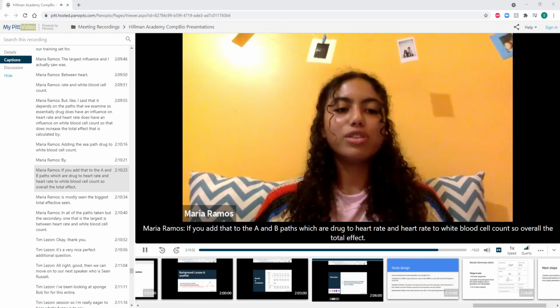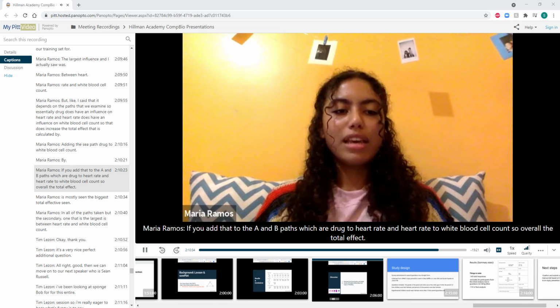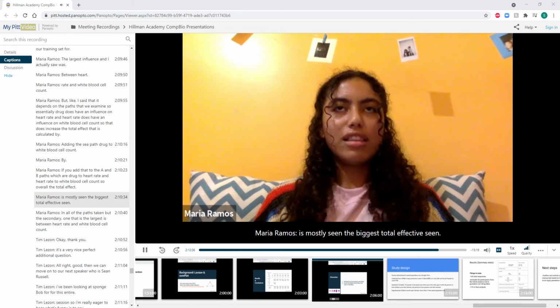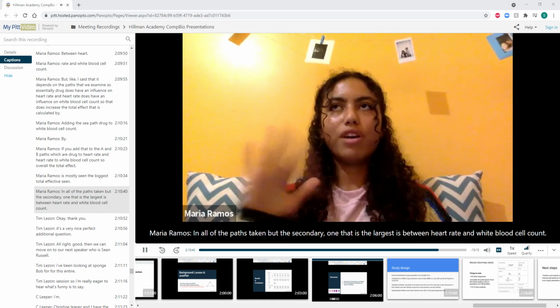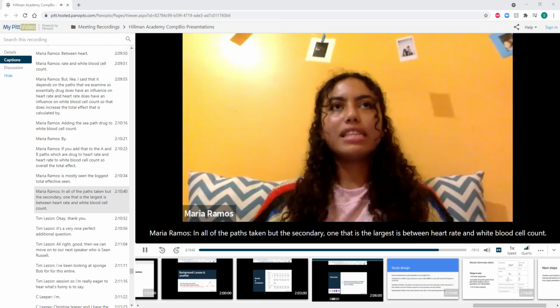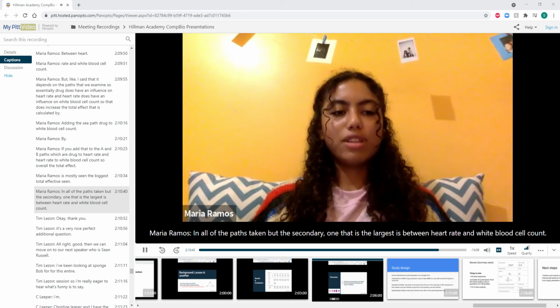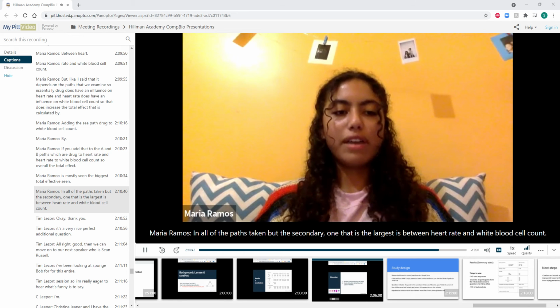So overall, the biggest total effect is seen in all of the paths taken, but the secondary one that is the largest is between heart rate and white blood cell count.